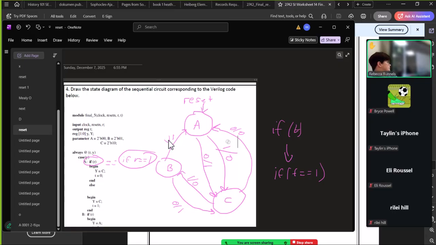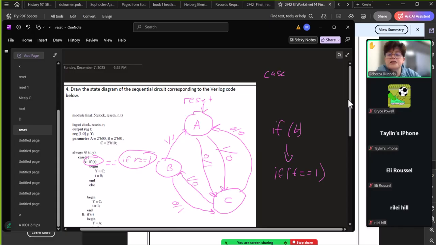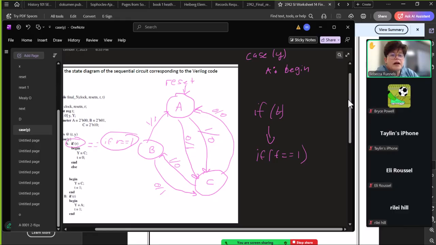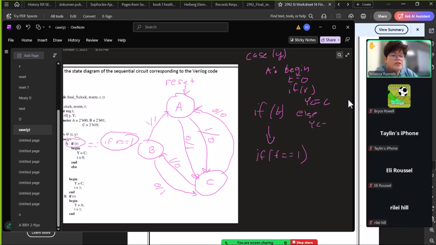Not necessarily, because I could have this. I could have case Y, A begin, T equals 0, if R, Y becomes equal to C, else Y becomes equal to A. End.